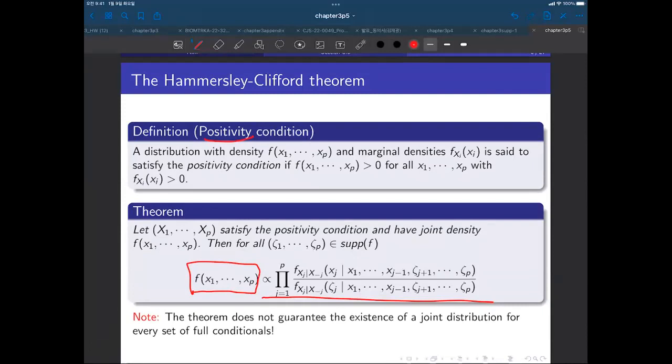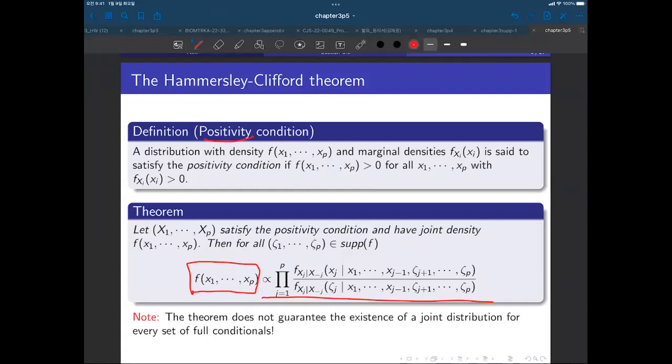So the assumption is, actually two assumptions, right? One assumption is that the joint density satisfies the positive condition. The second assumption is that the joint density exists. Okay. So if the joint density exists, then it has this equivalence.